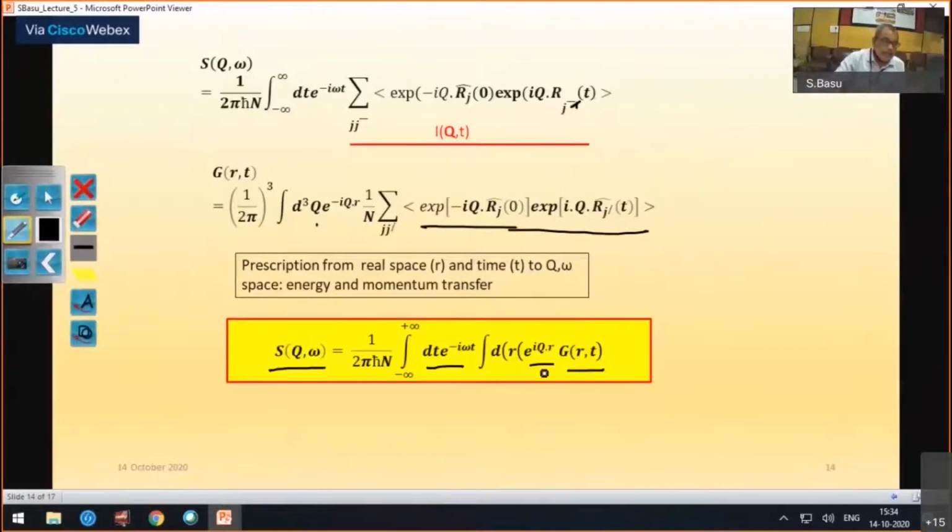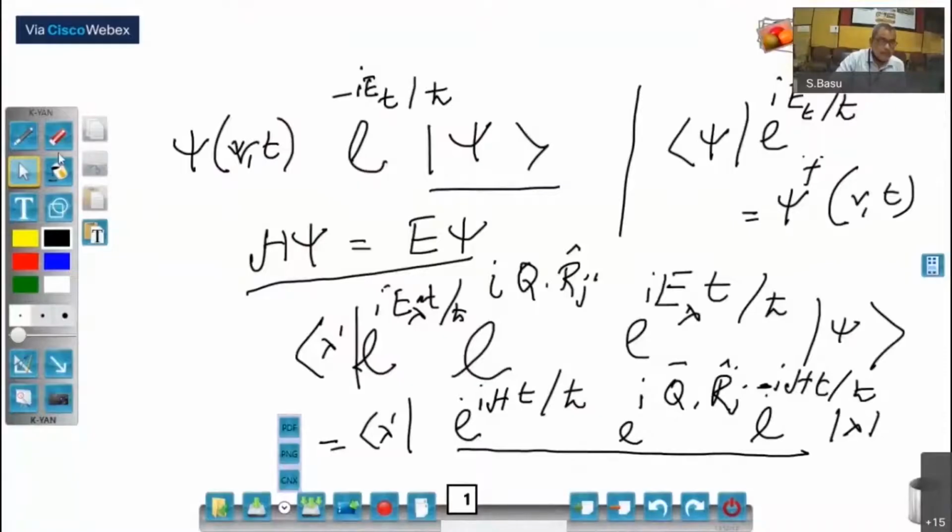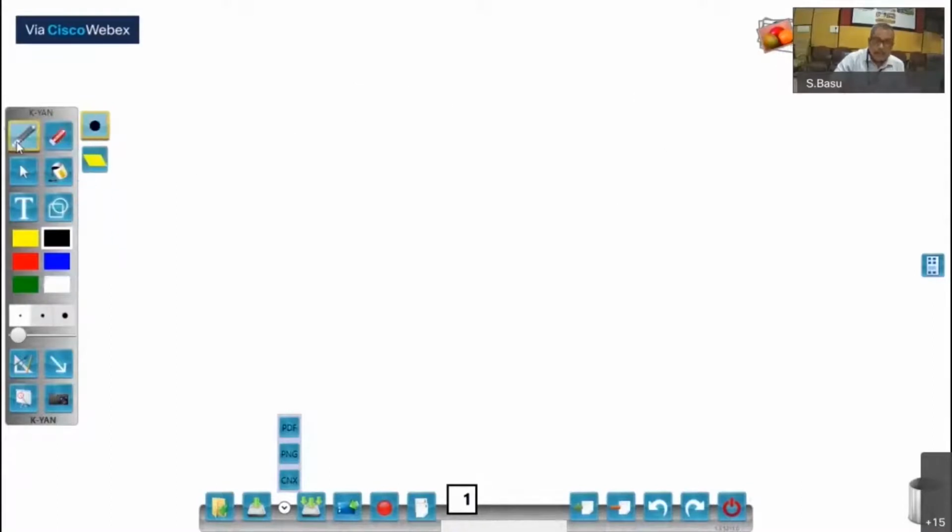Please understand this. This is the ultimate take. You can forget about all the derivation that I did, but this is the ultimate take which you have to understand, and for any kind of experiment you have to consider this and plan.